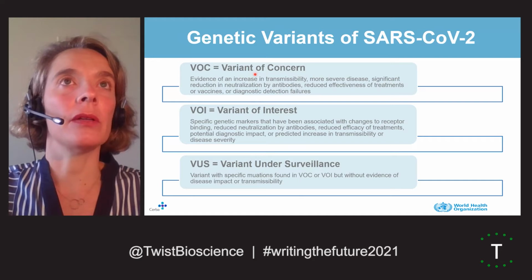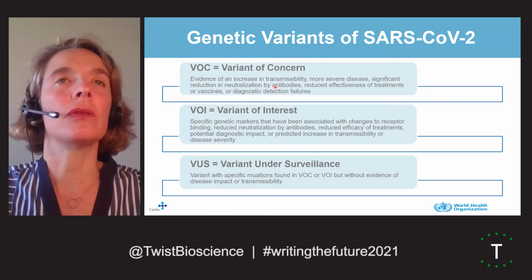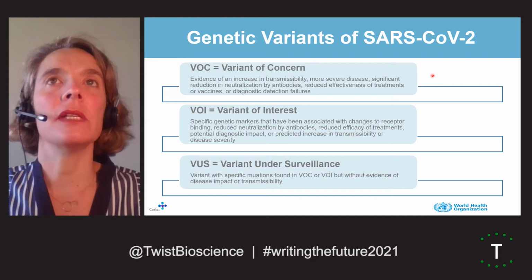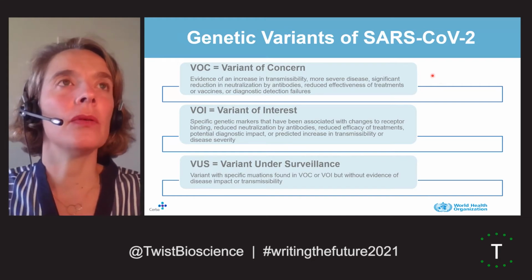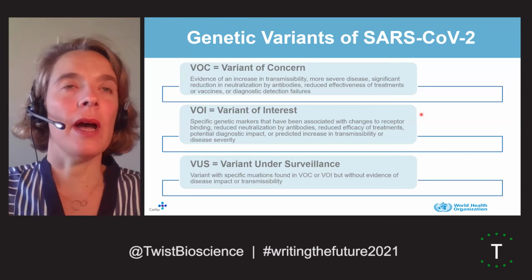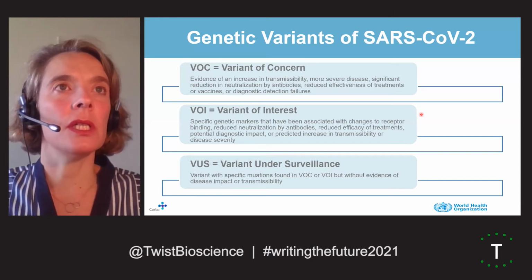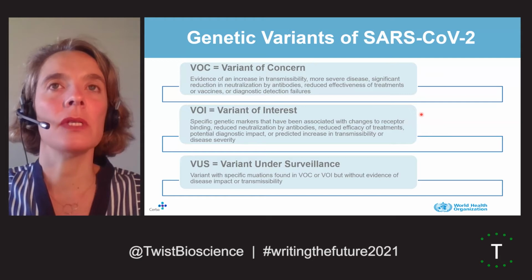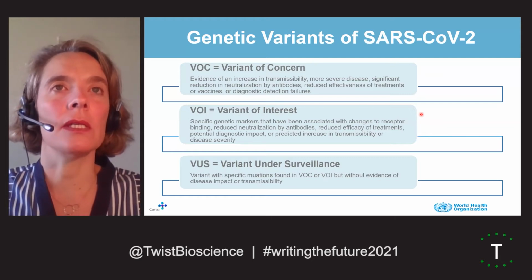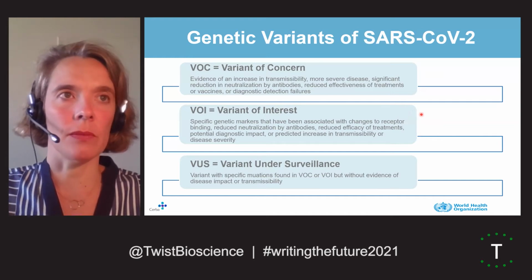The VOC, variants of concern, are variants with evidence of an increase in transmissibility, more severe disease, or significant reduction in neutralization by antibodies. The variants of interest are variants with specific genetic markers that have been associated with changes to receptor binding, reduced neutralization by antibodies, and/or reduced efficacy of treatments.